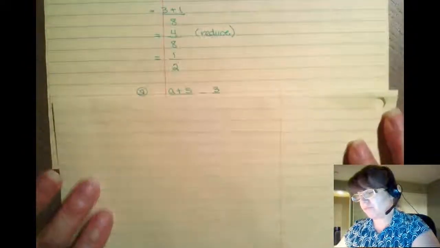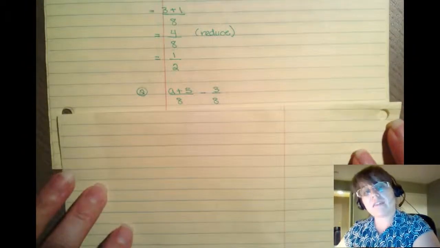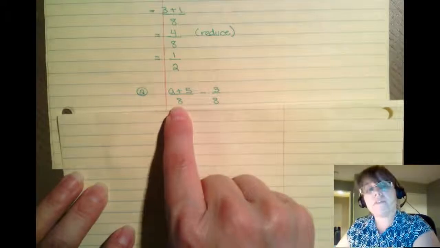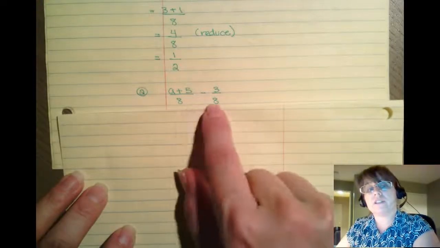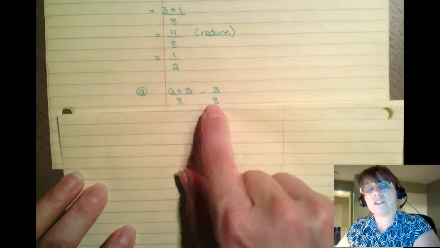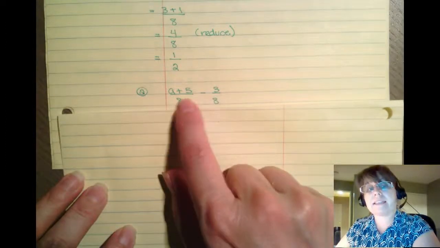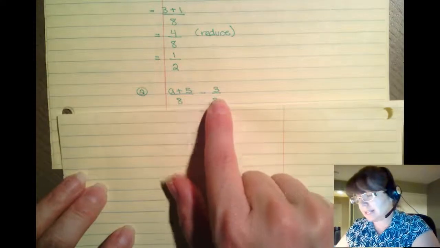Let's try another one. (A plus 5) all over 8 minus 3 over 8. Now since (A plus 5) over 8 is one fraction, and 3 over 8 is another fraction, they both share an 8 as the denominator. All we need to do is add and subtract our numerators as stated.